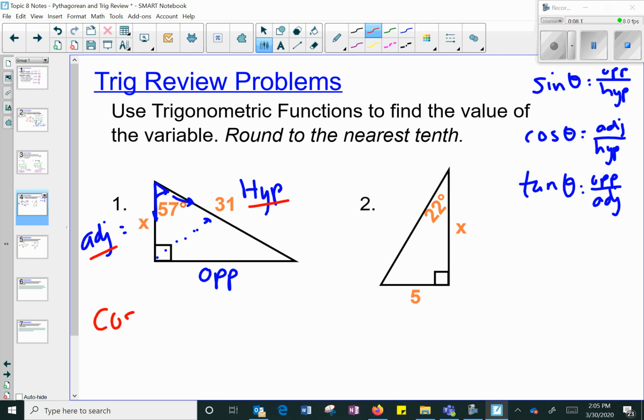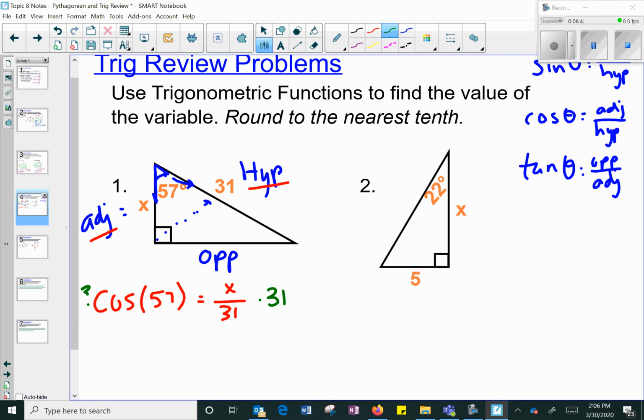So we would do cosine of our angle equals adjacent x over our hypotenuse, which is 31. Once we have this, we're trying to solve for x. X is in the numerator, so we want to get rid of that 31, and we want to get rid of it by multiplying. It's already being divided, and what we do to one side, we must do to the other.